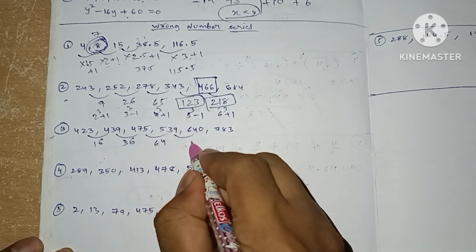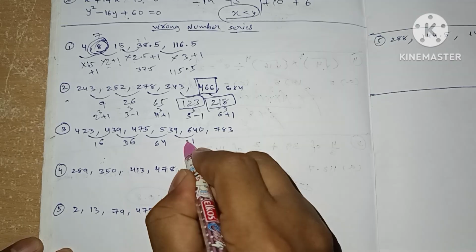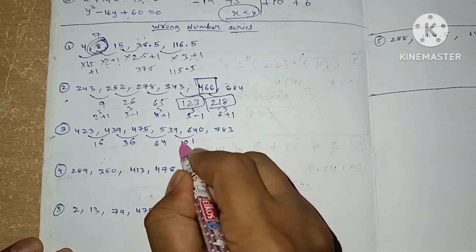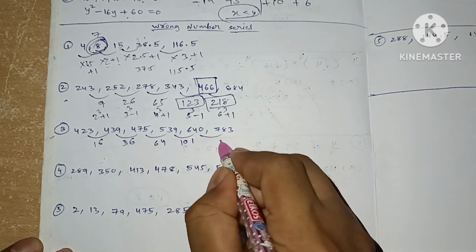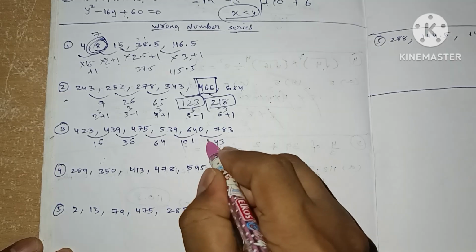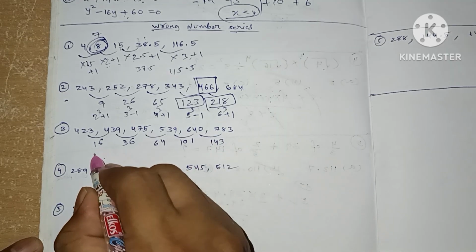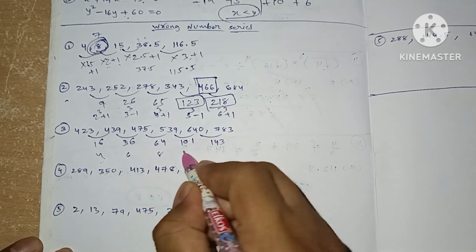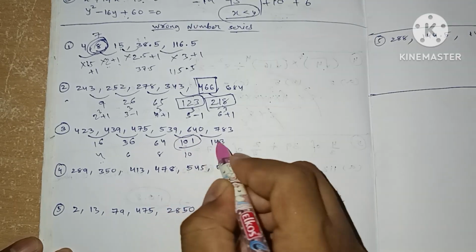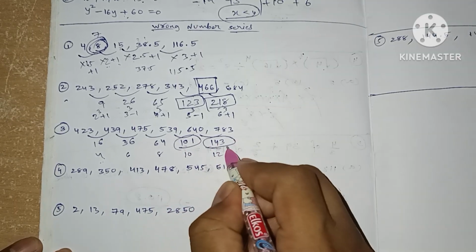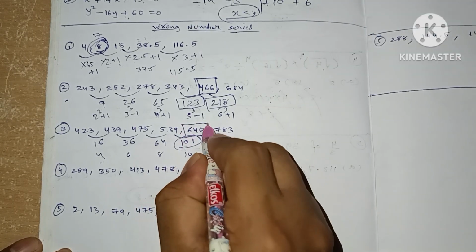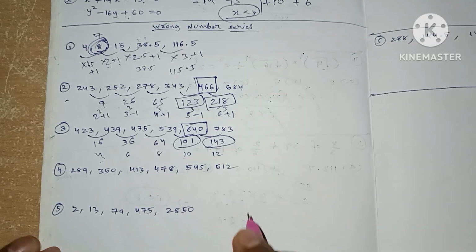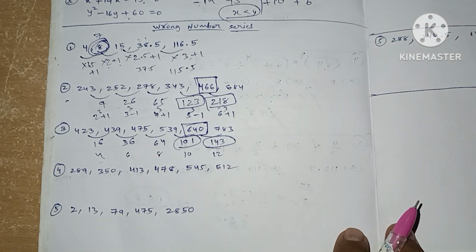Here we see a difference of 1, 0, 1. Here we see a difference of 3, 4, 1. So this is 4 square, 6 square, 8 square, so it must be 10 square, which is 100, and this must be 12 square, which is 144. In between these two, this is our wrong number.